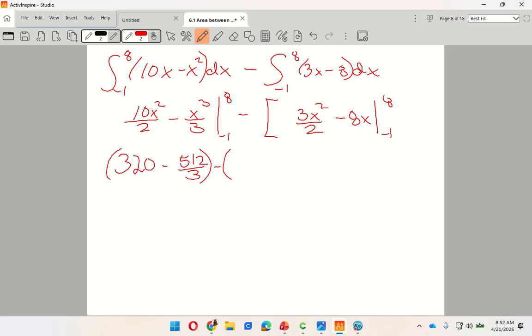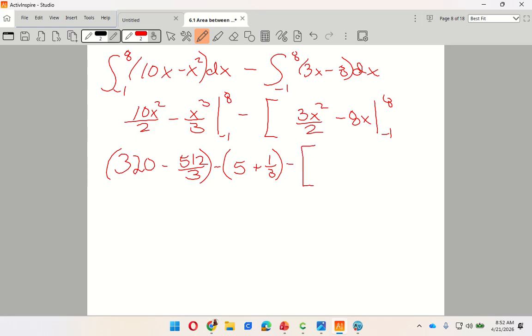Minus the lower bound, which is going to give me 5. And negative, so that's plus 1/3. -1 to the third power is -1. Change that to a plus, right? Okay.